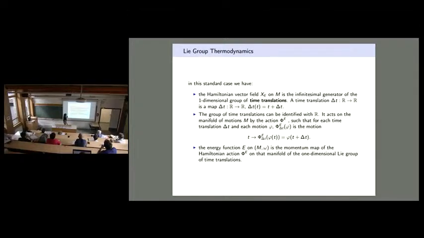Okay, so the Hamiltonian vector field now is basically the generator of this time translation along the orbit. If you want, basically what you are doing at the level of orbit space, where each point is, so each orbit is projected down to a physical phase space, where each orbit is mapped into a point.